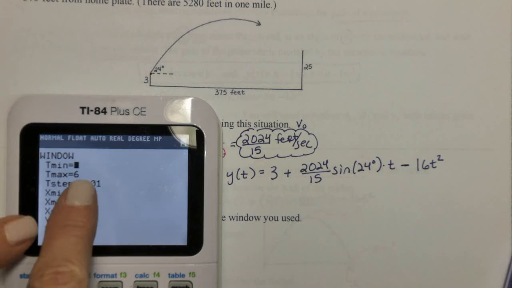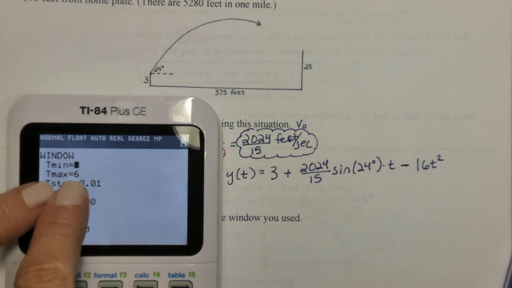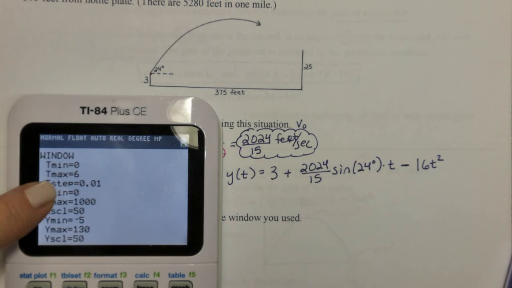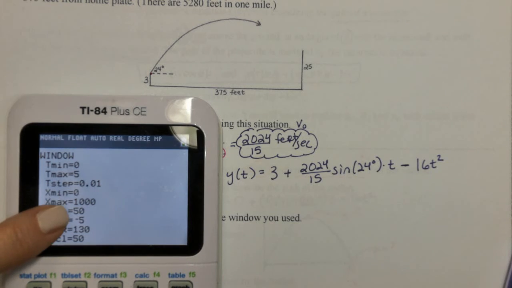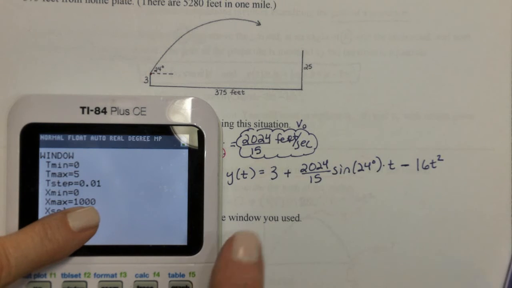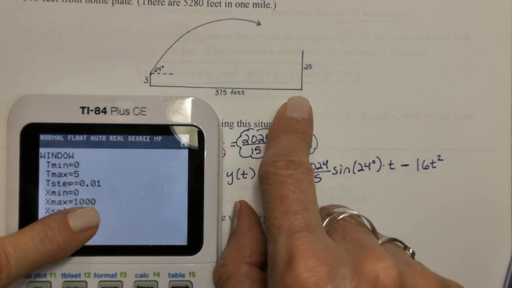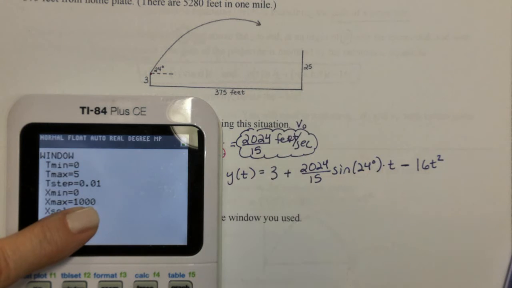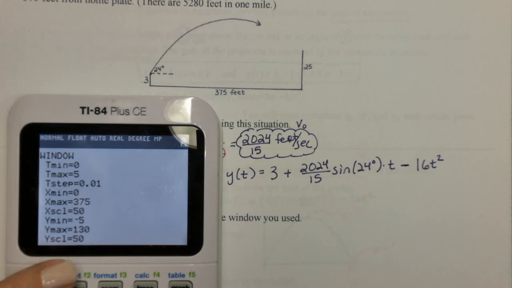I don't know how long the ball will be in the air. I don't think it'll be 6 minutes though. Maybe 5. I don't even think it'll be 5. I think it's going to be more like 4, but we'll see. I don't need to go all the way to 1,000 because the wall is 375 feet away. I'm just going to go to that wall.